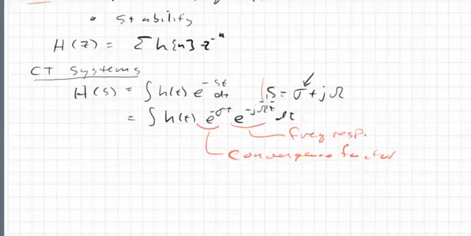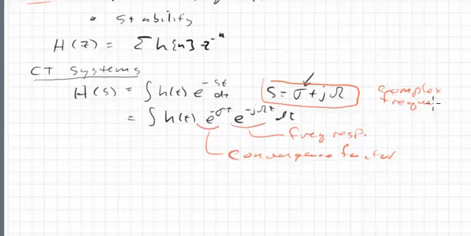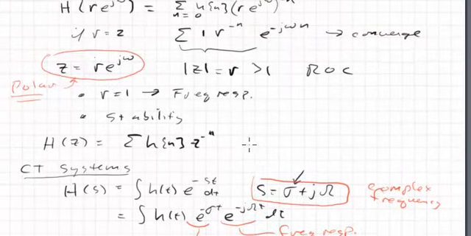We tend to call this complex frequency. It's got actual frequency, and then sigma allows it to have various convergence values. Similarly, up here we tend to call z complex frequency for discrete time systems.